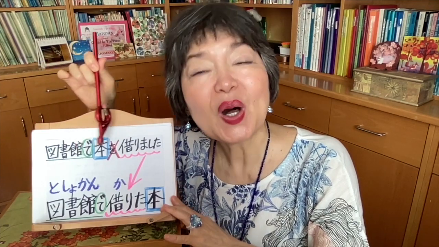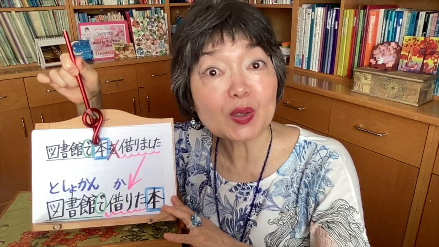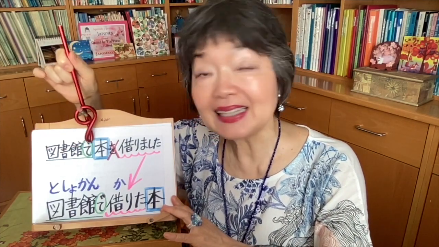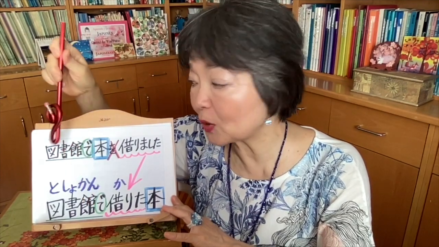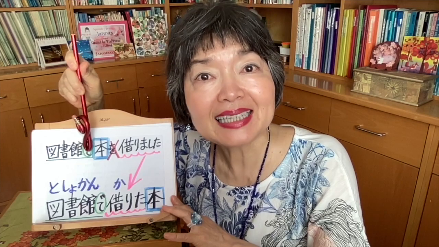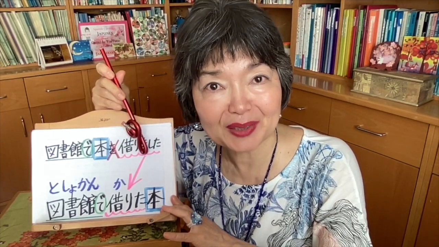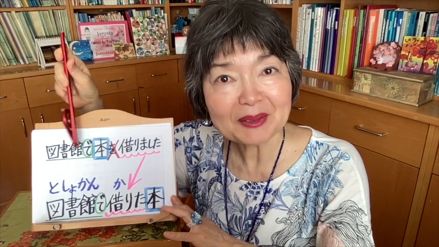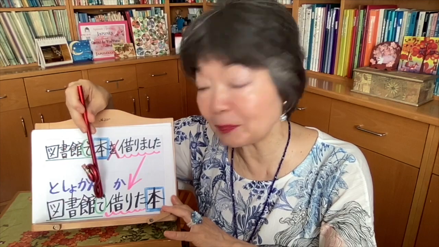Next example. I borrowed a book from the library. 図書館で本を借りました. In this case, this particle で in 図書館で still remains here, right? Because で is the place. Here we use で because 借ります is an action verb. So we are not going to use に, but place で, 図書館で, and we still keep it here.